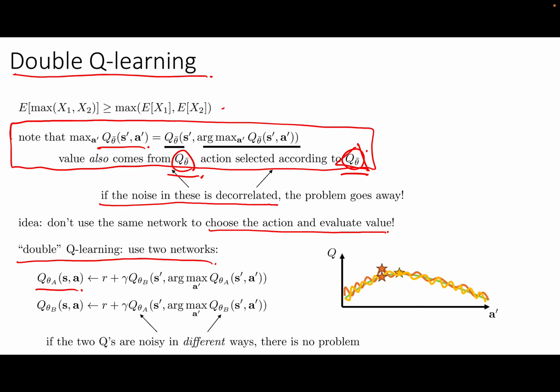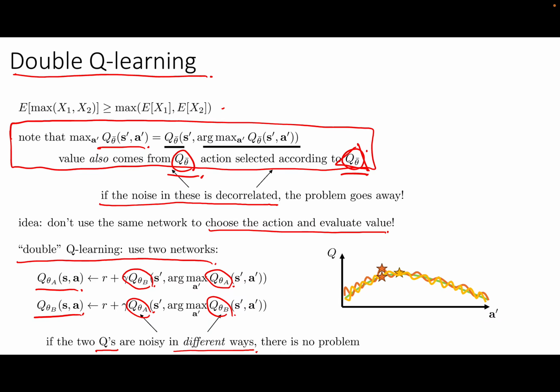We can use QA and QB here. If the two Q networks are noisy in different ways, if they are decorrelated, then there is no problem. That is the philosophy of double Q learning.